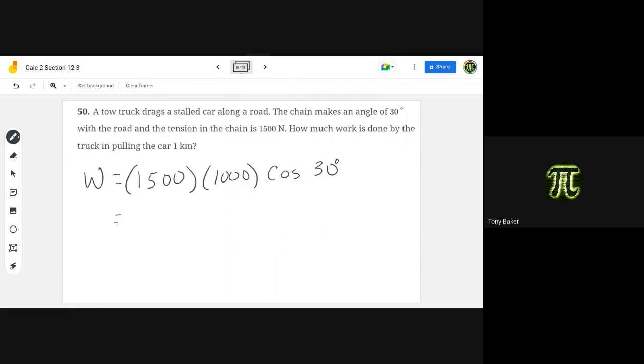So you get 1.3 million, basically. Yes, I totally rounded that answer because it's not exactly that. It's 1,299,038.106, approximately 1.3 million.